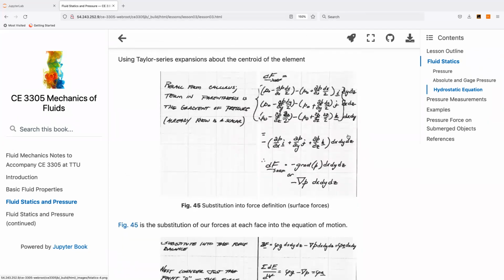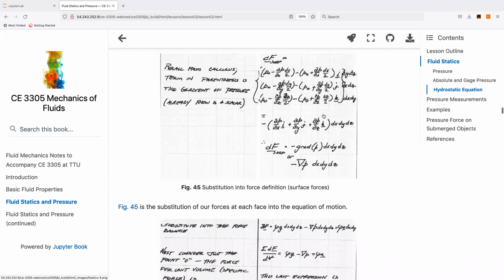Recall from calculus, so we collect everything together. If we look at the terms in the curly brackets, as we write each of those forces out along with the various areas, everything in the curly brackets is actually a gradient of pressure.